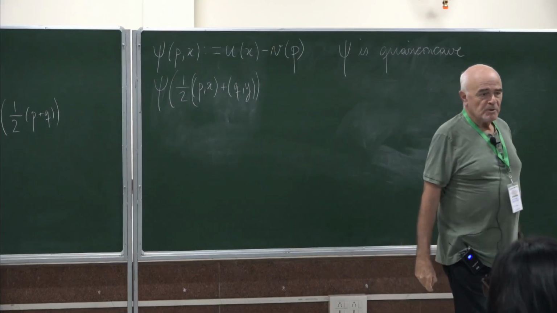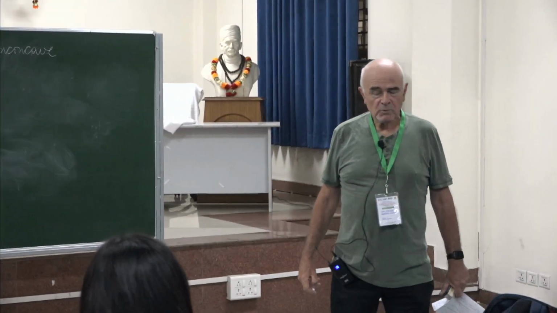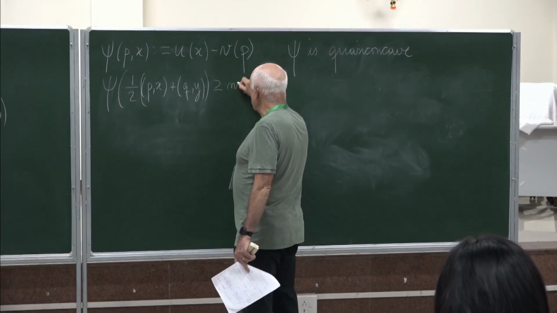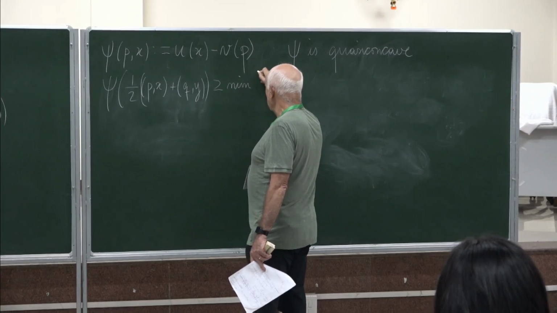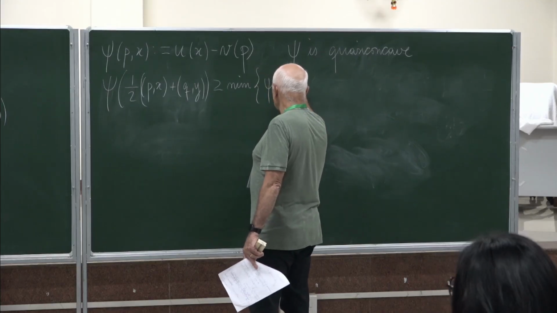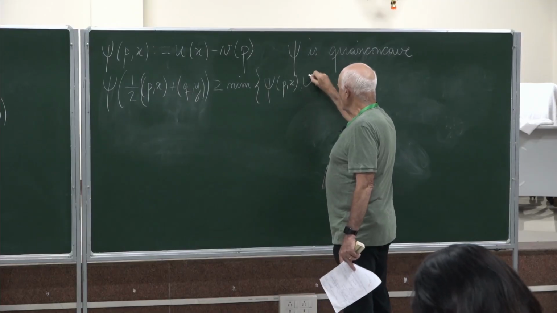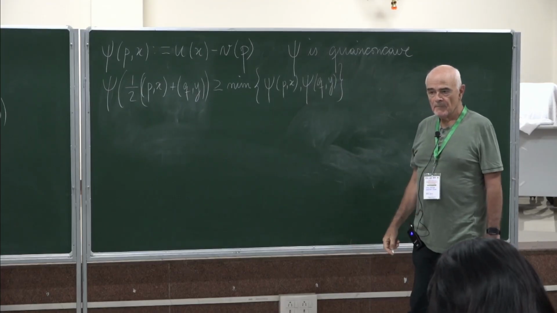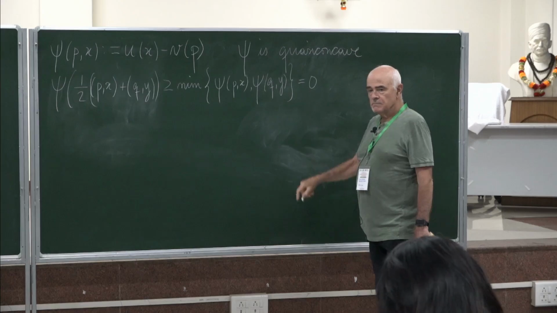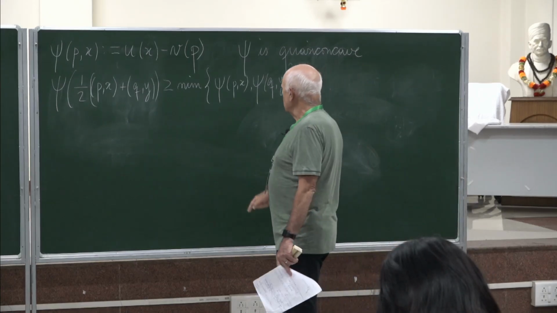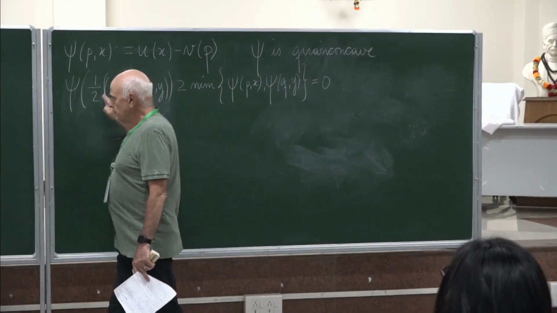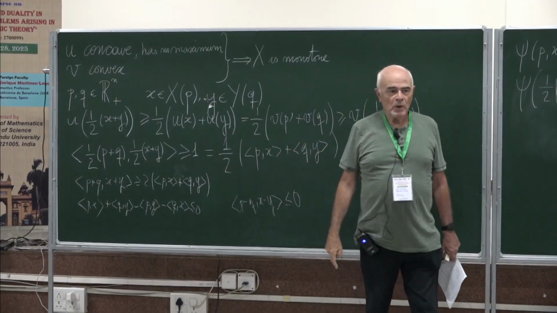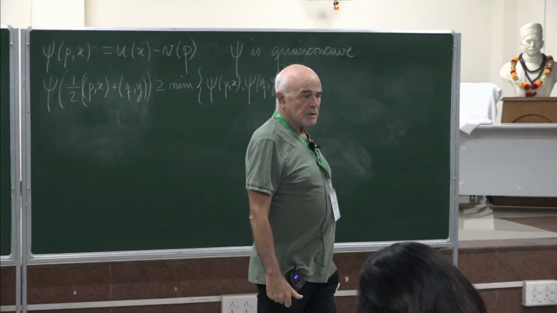And because I am assuming quasi-concavity of psi, this is greater than or equal to the minimum of psi of (p, x) and psi of (q, y). And this is 0, because U of x is equal to V of p, which we already used here, and U of y is equal to V of q, which we already used.